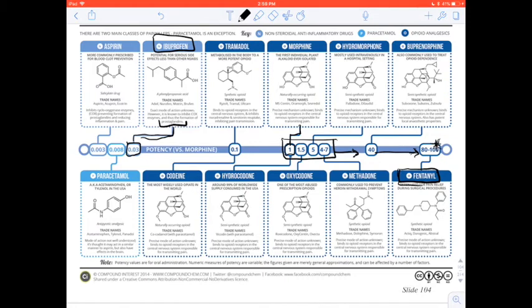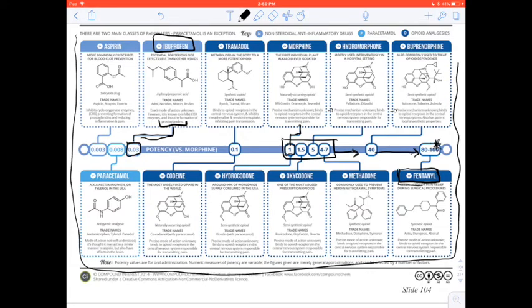What's interesting is all of these, if you look, they all say precise mechanism not known. But we know they bind to opioid receptors. We just don't know exactly where or how. So that's part of what makes this a real problem: we're still learning a lot about these drugs.